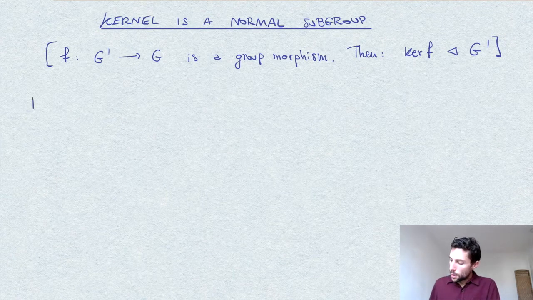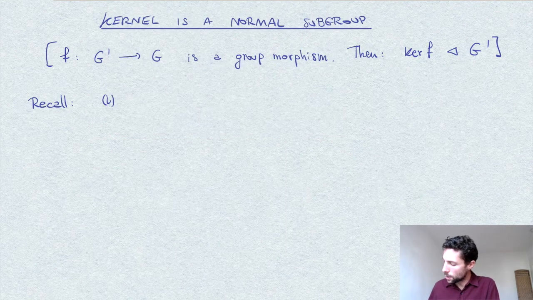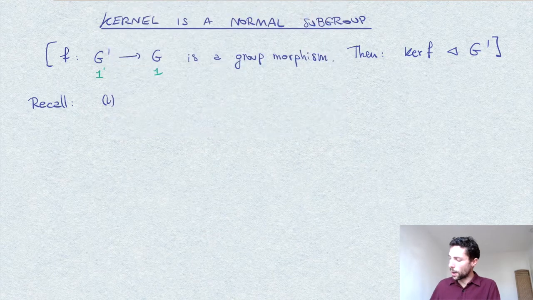Now, first recall a couple of very basic but fundamental things to know. First is that a group morphism always sends the identity element into the identity element. So for simplicity, I will just call the identity of G prime 1 prime and the identity of G 1.